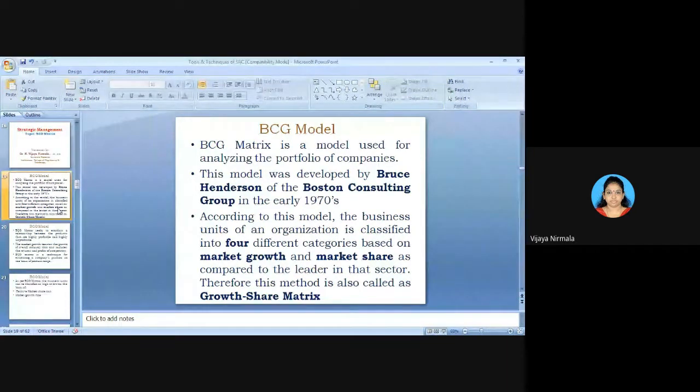This growth share matrix measures the position of various business units along these dimensions.